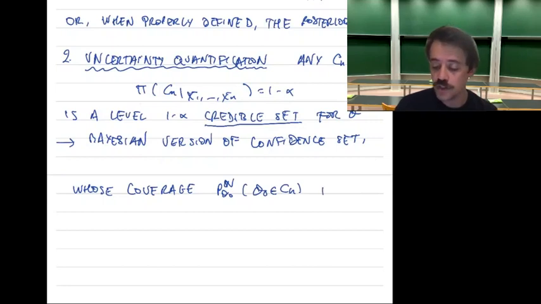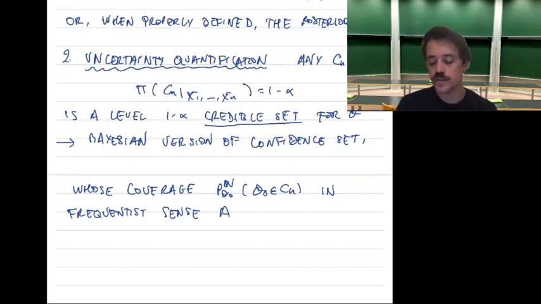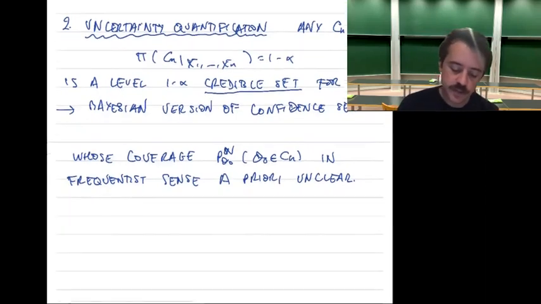And this coverage in a frequentist sense is not really clear what its value is, or whether it will be this 1 minus alpha or something approximately close to it. So a priori, the value of this is unclear, or whether there is any pattern behind it.